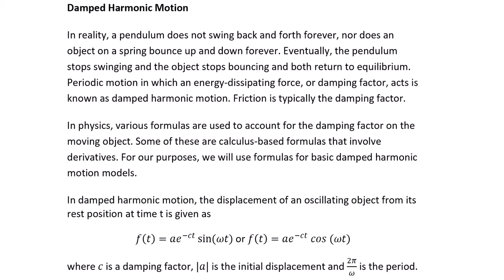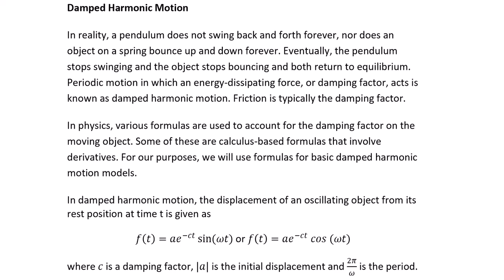Friction is typically the damping factor. In physics, various formulas are used to account for the damping factor on the moving object. Some of these are calculus-based formulas that involve derivatives. For our purposes, we will use formulas for basic damped harmonic motion models.